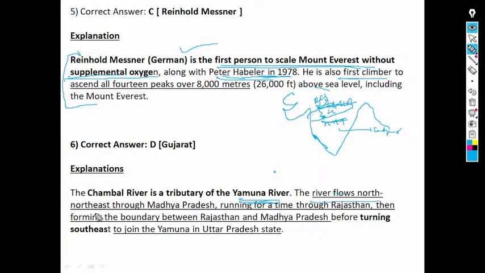The river flows northeast through Madhya Pradesh, running for a time through Rajasthan, then forming the boundary between Rajasthan and Madhya Pradesh, because of the slope from north to south.